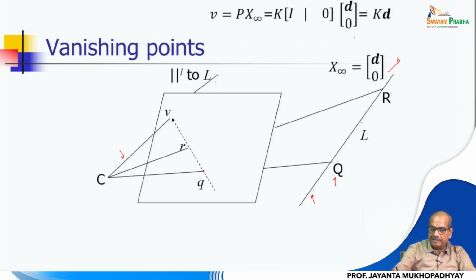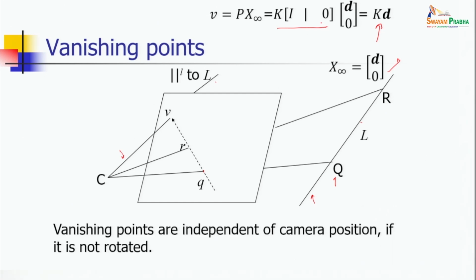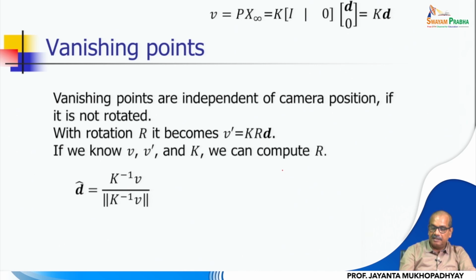So, given this direction, once again we have seen this expression, which we discussed earlier also. We have taken the simple canonical projection matrix formation using the calibrated camera. And once again, vanishing points are independent of camera position if it is not rotated. So, with rotation R, it becomes KRD, because if I have the rotation, then this is R and this is 0 in this canonical form, D0, so it would be KRD.